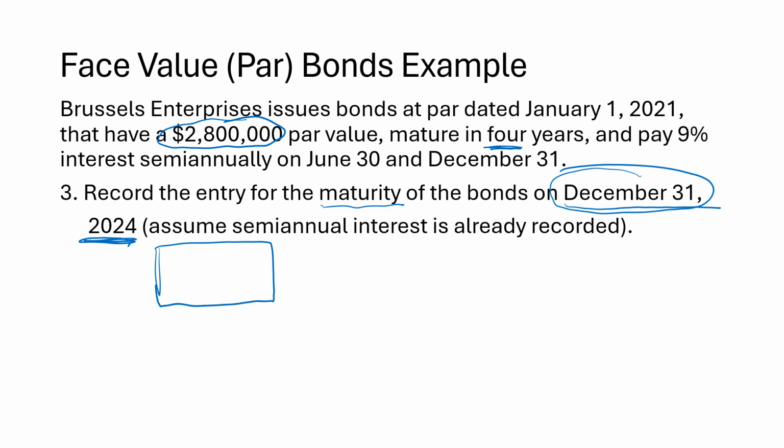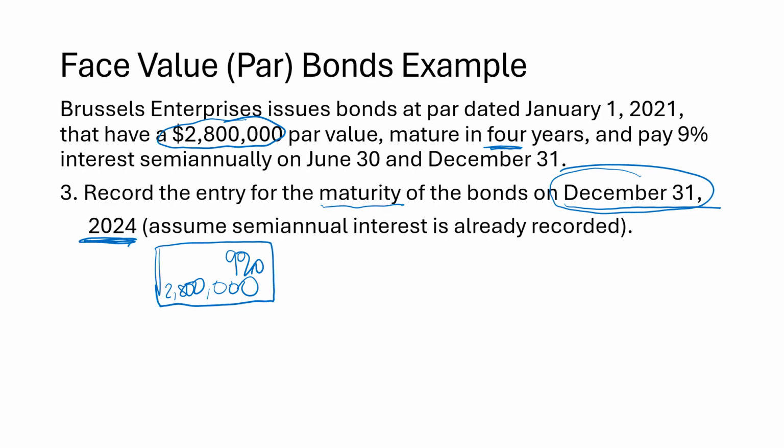So if we're looking at our bond and the face value was $2.8 million and the contract rate was 9%, those are the things that matter when it comes to the interest calculation in terms of the cash that is paid in relation to the interest. And then the face amount is what is repaid at maturity no matter what.